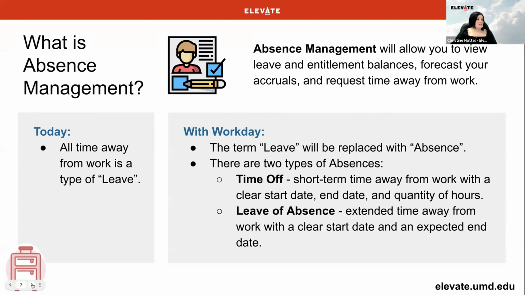And within Workday, there are two different types of absences. The first is time off. Time off really is your short-term time away from work. You're off work for a specific number of days or hours, and typically your responsibilities are paused until you return. Leave of absence, on the other hand, is a more extended period of time that you're off work.